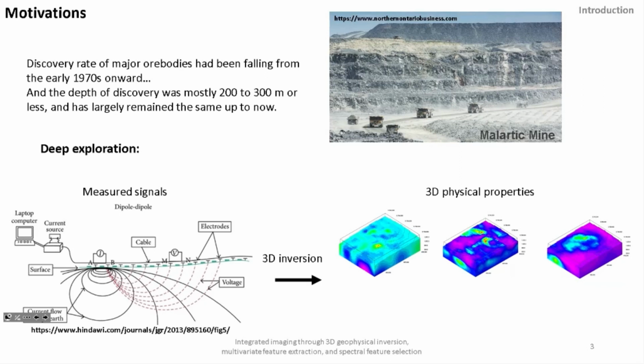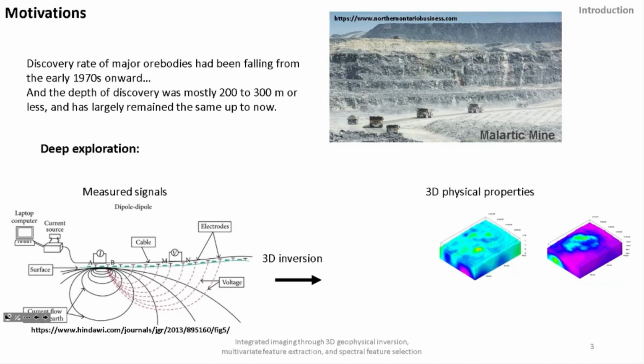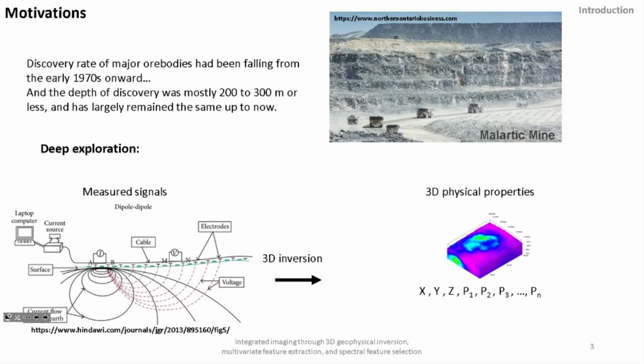The interpretation gets even more complicated when we try to combine 3D geophysical images, because by doing so, we increase the dimensionality of geophysical images. Therefore, it is important to develop proper tools to extract and put together geophysical patterns from these hyperdimensional model parameters.